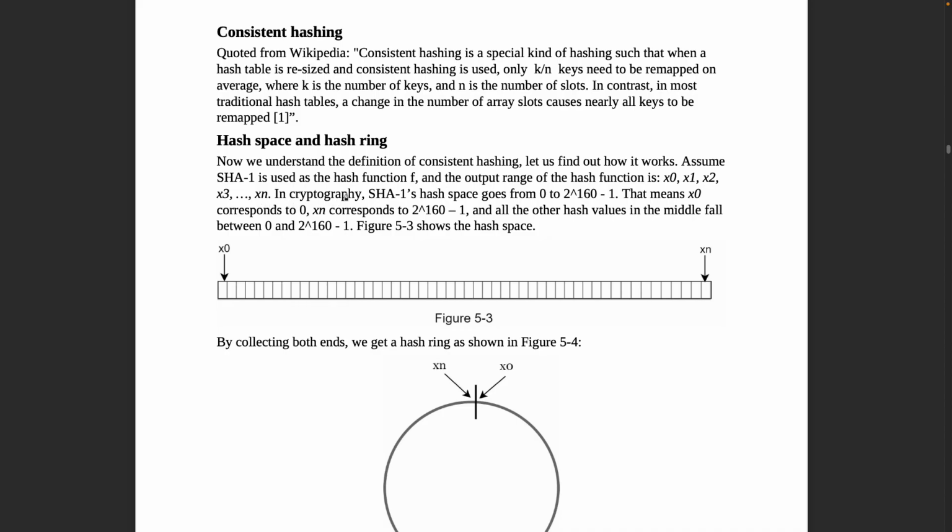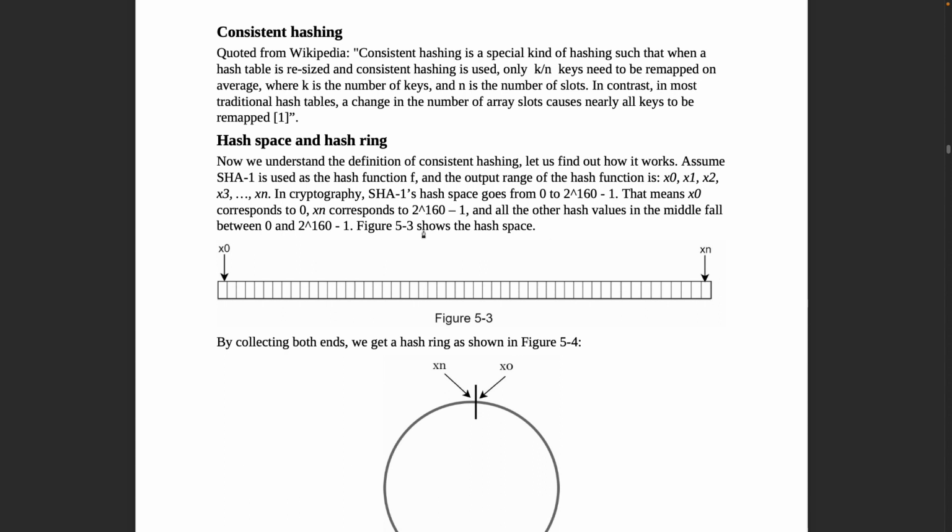In cryptography, SHA-1's hash space goes from 0 to 2 to the power of 160 minus 1. That means x0 corresponds to 0, xn corresponds to 2 to the power of 160 minus 1.